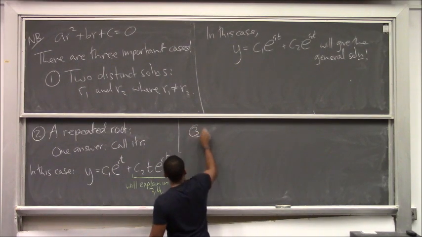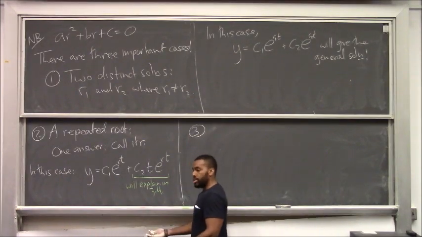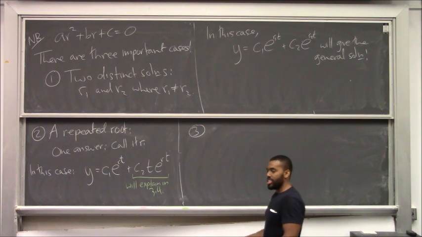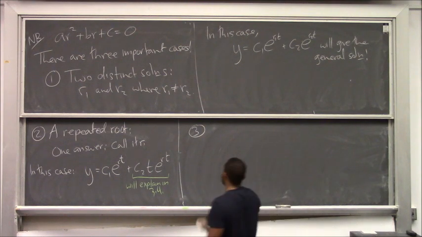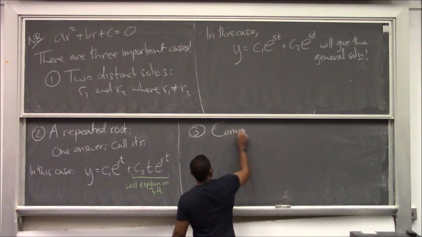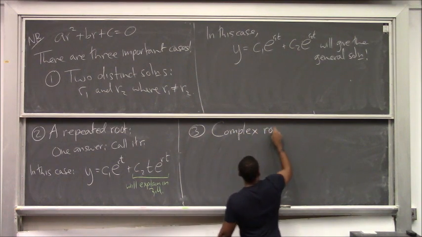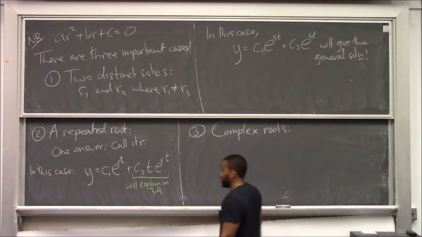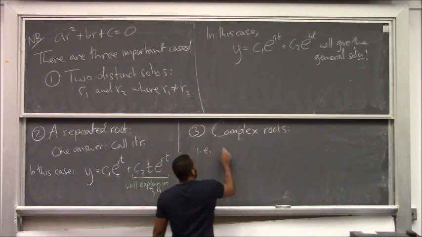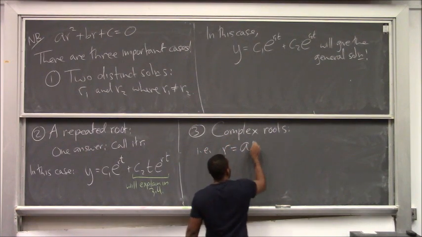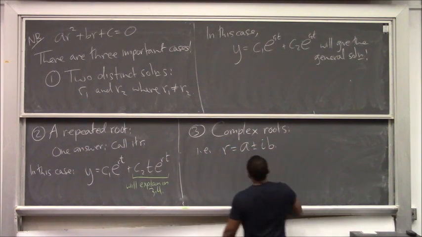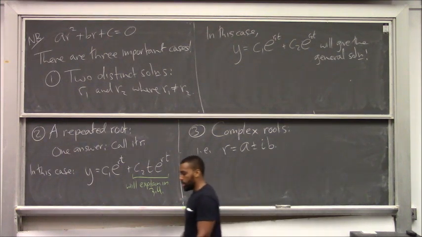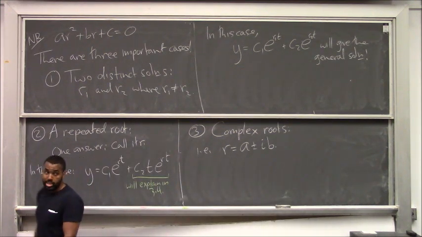Now, there's a third case. You plug into the quadratic formula because nothing factors, and you get a negative under the radical. You have complex roots, i.e., the r you solve for becomes a plus or minus ib. Because there's a negative under the radical, it induces an i.